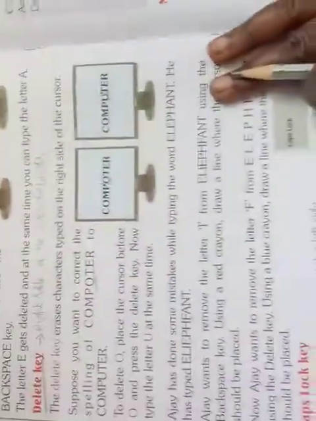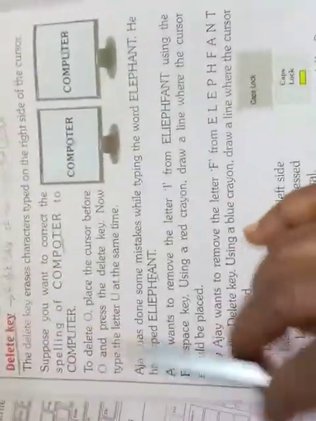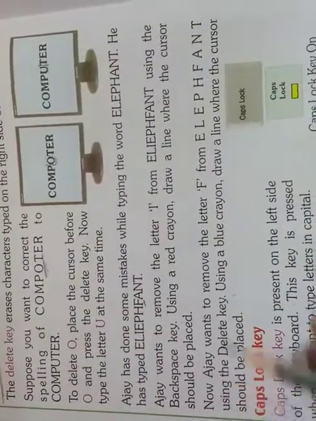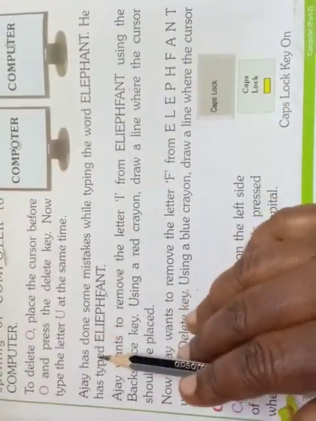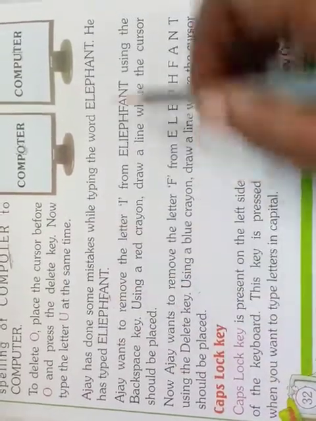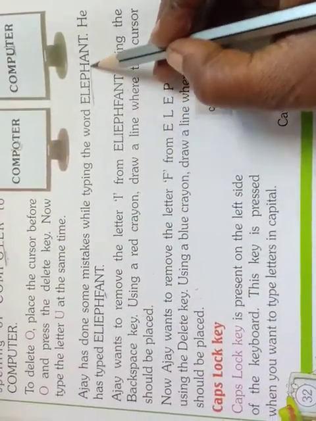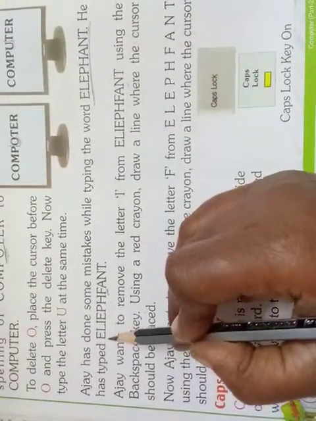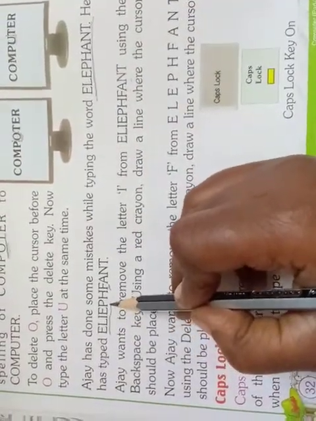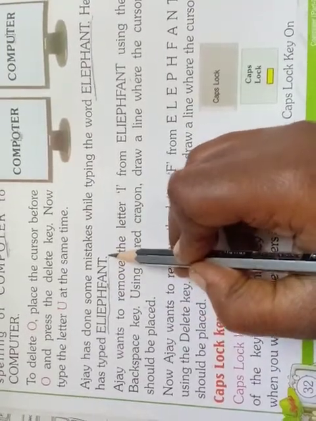Okay, don't get tension. Depending upon the backspace key and delete key, one activity is given. See, what is that activity? Ajay has made some mistake. He has to type elephant, but he mistakenly typed ELEPH. This is wrong, no?